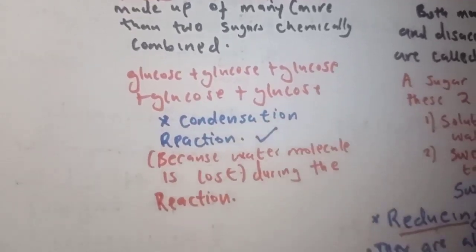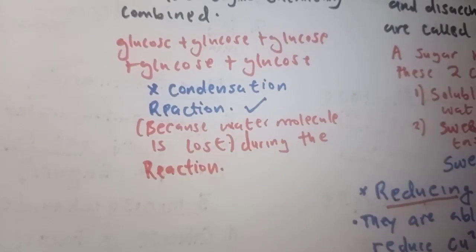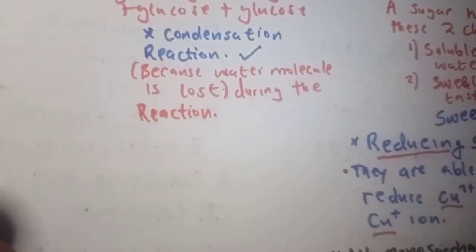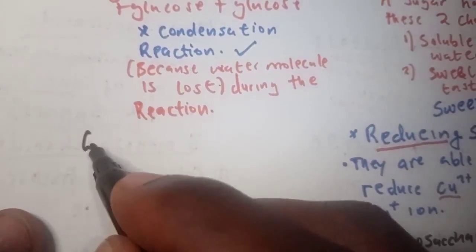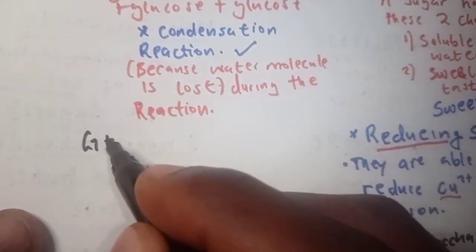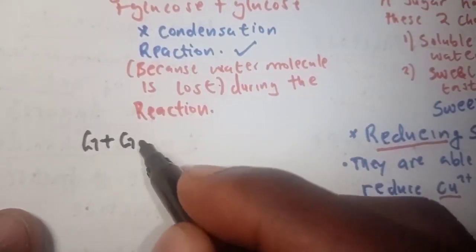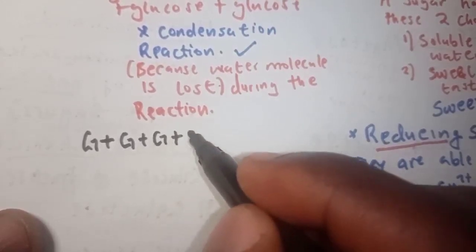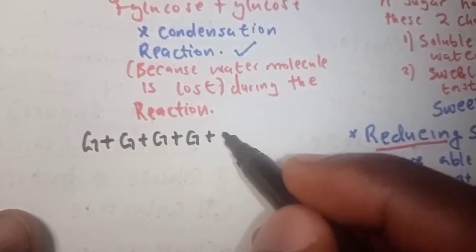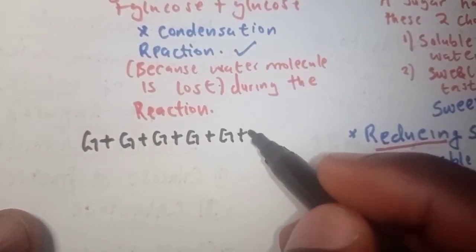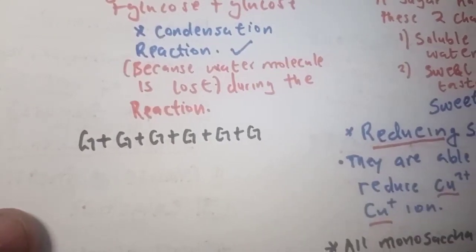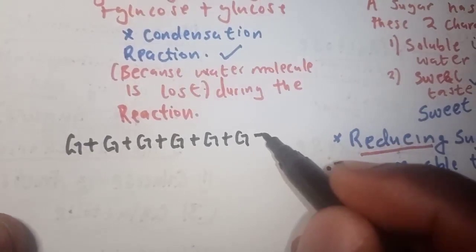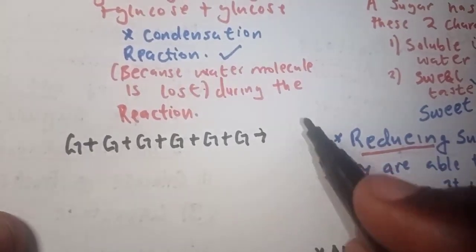So I'm going to denote glucose by the letter G. If I get glucose plus glucose plus glucose plus glucose plus glucose plus glucose, I'm going to get a polysaccharide.